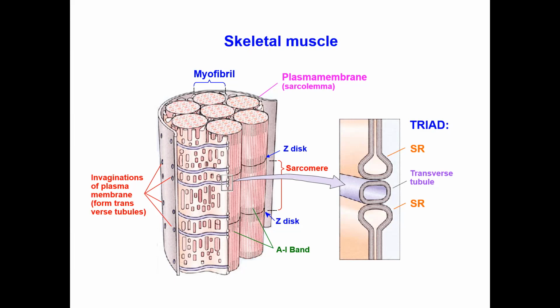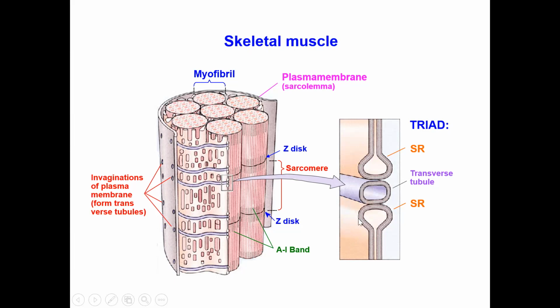And that is what is shown here. You see here is the transverse tubule, and that is the inside of the cell, and that is also the outside, the inside of the cell. And you have the sarcoplasmic reticulum, one here and one there. This here is the lumen of the transverse tubule. That is outside of the cell.